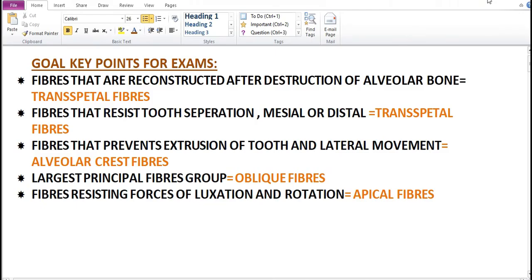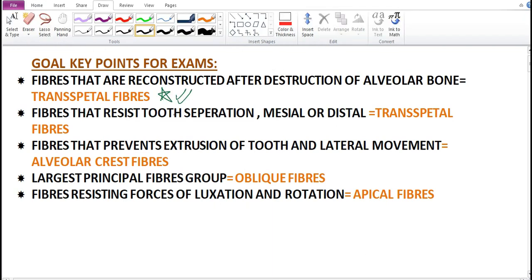The key points that you have to remember for your exam: the fibers that are reconstructed after the destruction of alveolar bone are the transseptal fibers. These resist tooth separation, either mesial or distal.